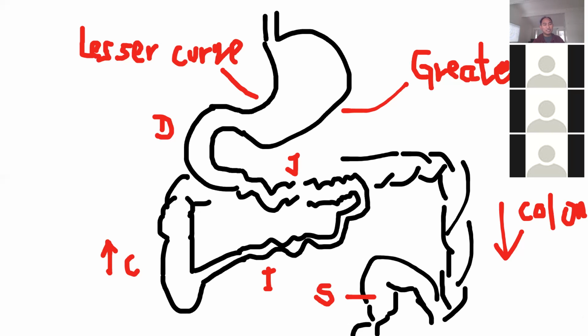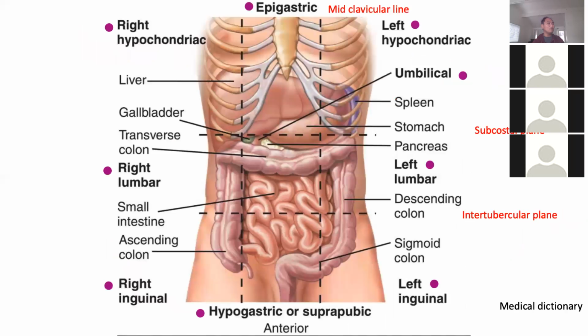So the ascending colon, descending colon, now we look at that. Where the esophagus is here, we come into the stomach. Stomach is a big bag, and then we leave the stomach and continue as the duodenum. And the small intestine is made of jejunum and ileum. Ileum will come and join the cecum, and cecum will continue upwards as the ascending colon, and then cross as the transverse colon, and then come down as the descending colon, and then become a sigmoid shape.